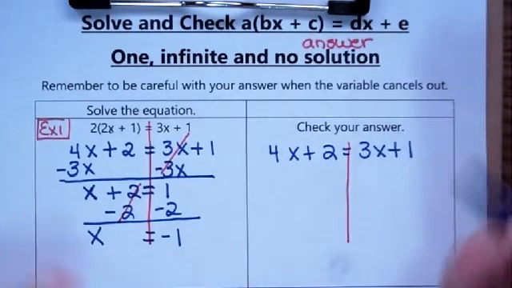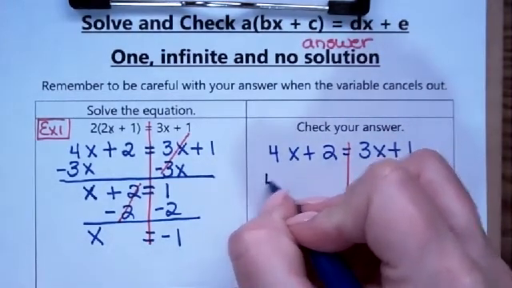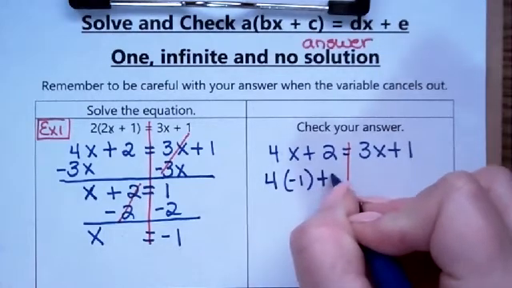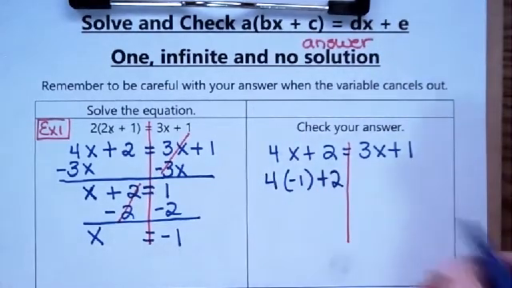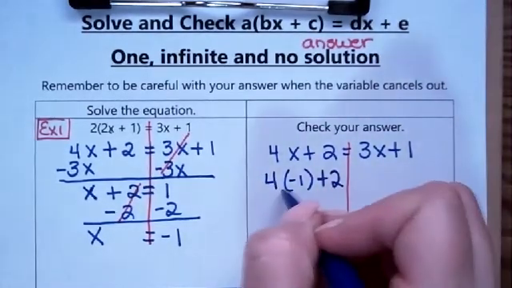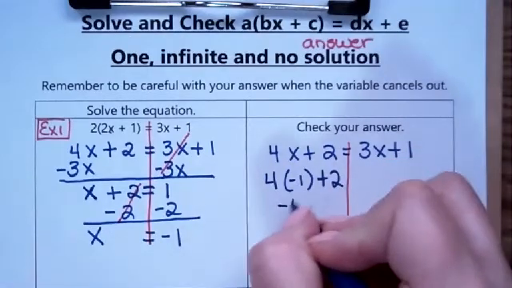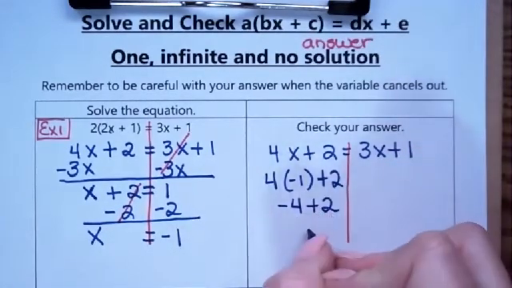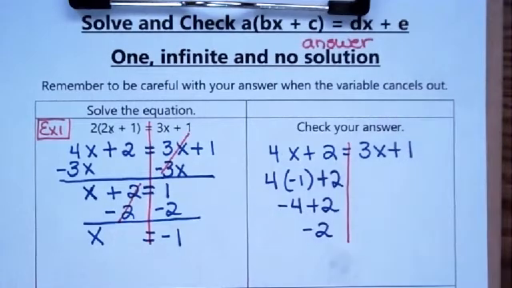So on the left side, I'm going to have 4 times -1 plus 2. We've done this so much, y'all know how to do this in your sleep. 4 times -1 is -4, plus 2 is -2.